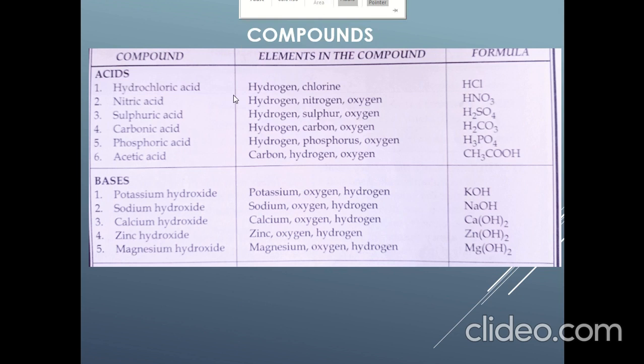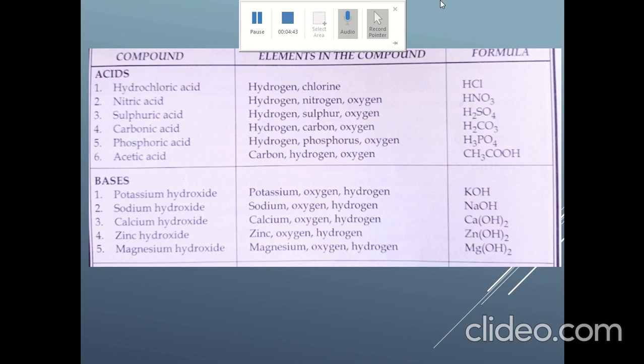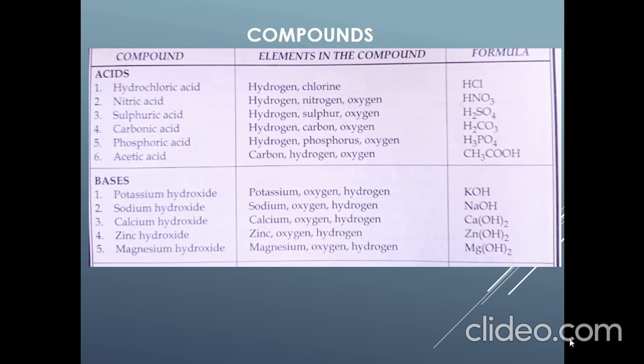Now let us study about sulfuric acid. Sulfuric acid consists of sulfur, hydrogen and oxygen. Its formula is H2SO4. So all of the acids contain H⁺ ions.